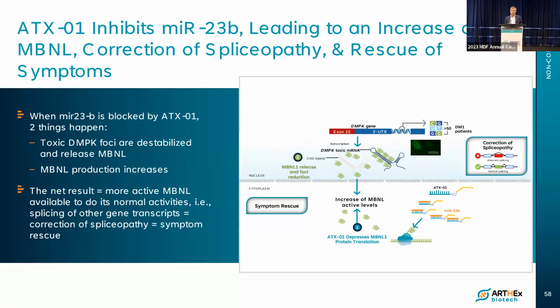So we developed this anti-miR, and you see on the left-hand side, this molecule, ATX01, is binding miR23B. By doing that, we prevent the effect of miR23B. We get much more protein expressed. And at the same time, we also discovered that by downregulating miR23B, we can impact the stability of the toxic DMPK mRNA.